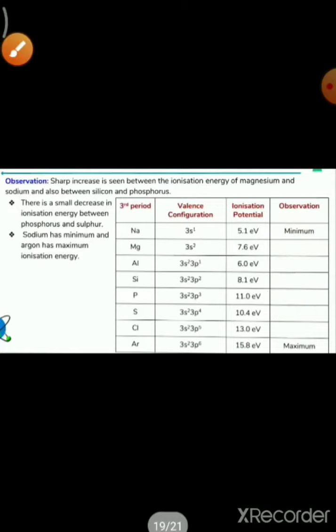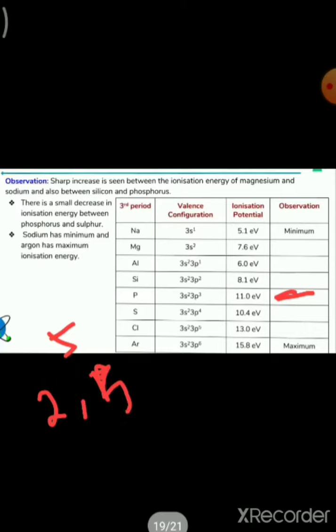It is because in case of your phosphorus, the outermost valence electrons are 5. As here it is divided, in s it is 2, and in p cell that is 3. So these 3 electrons are equally half filled.